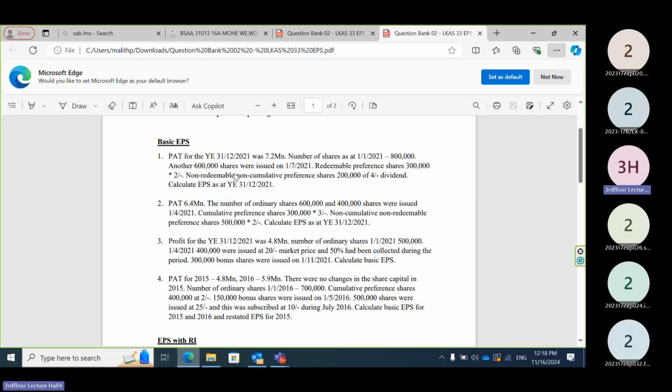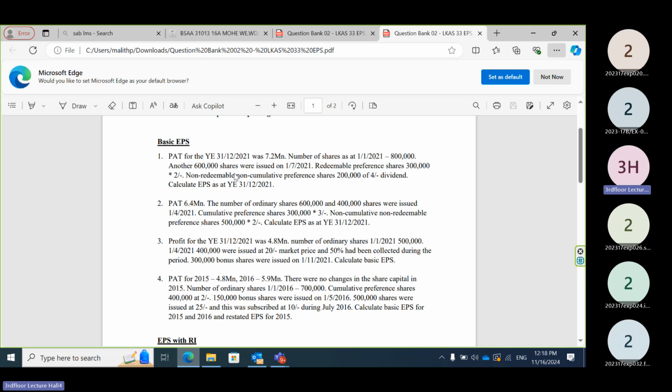I think you know the difference between preference shares and ordinary shares. Preference shareholders mean they don't have overall rights. They have preference rights. That's why we call them preference shareholders. Ordinary shareholders are the equity holders, the owners of the company, right?